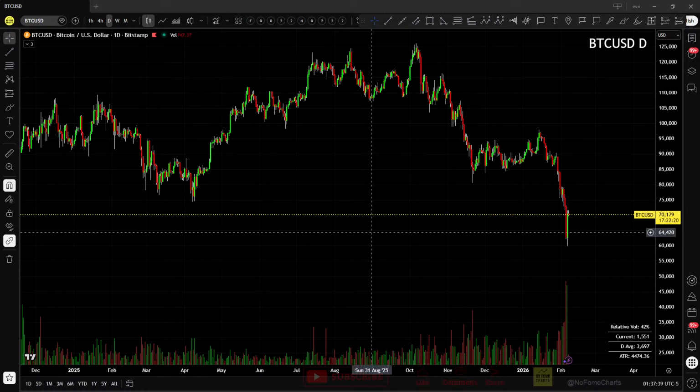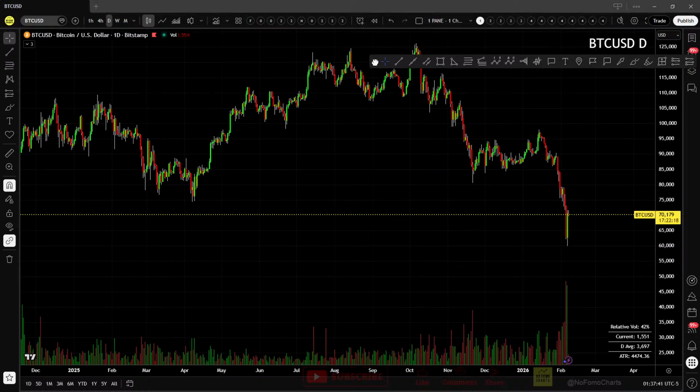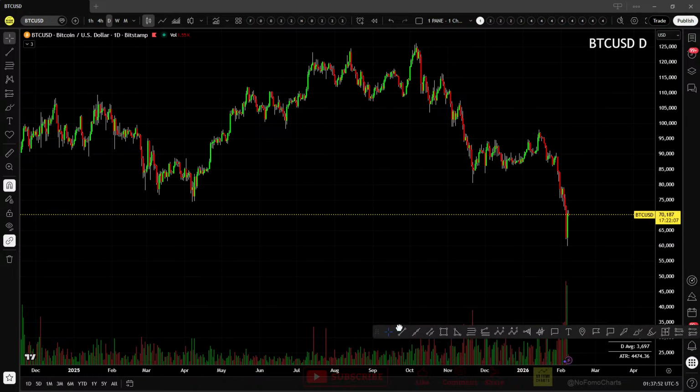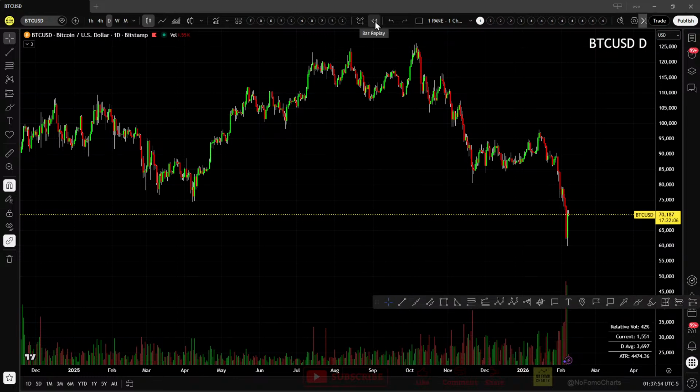So this is TradingView, the app. And if anybody has a registered account, the bar replay button is all the way at the top here, next to the undo button and next to the create alert, kind of in the top middle area. So I'm on a Bitcoin USD Bitstamp chart.